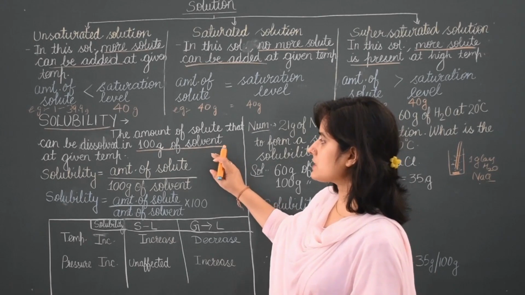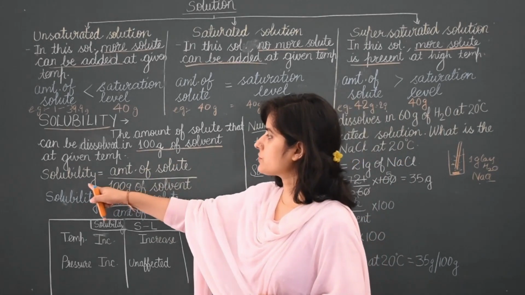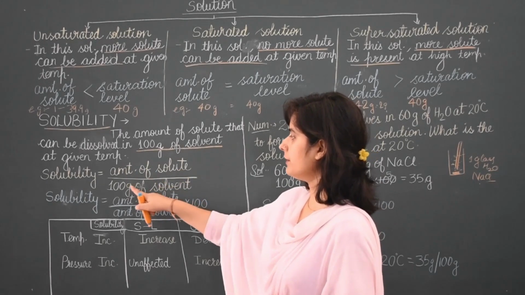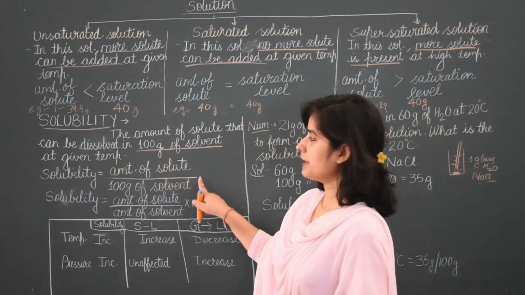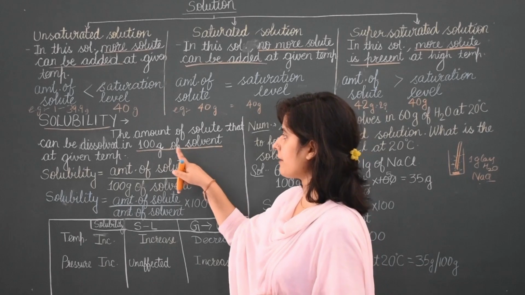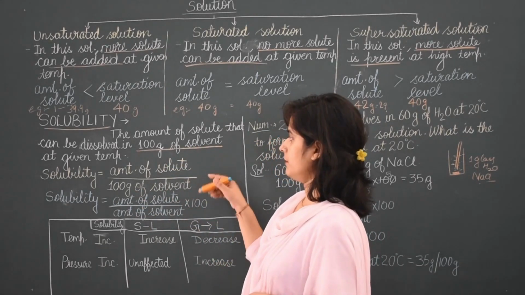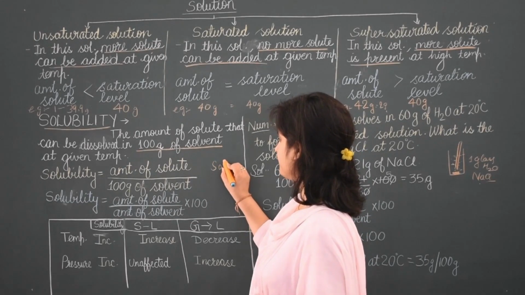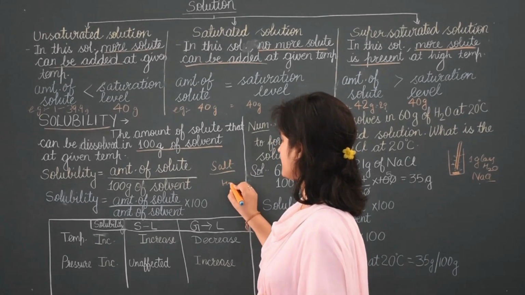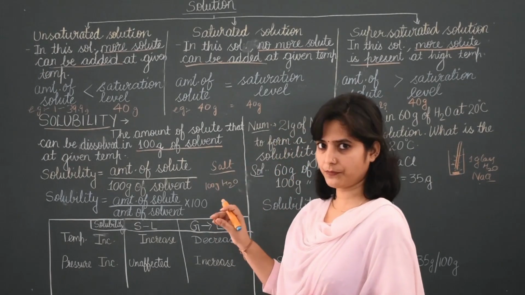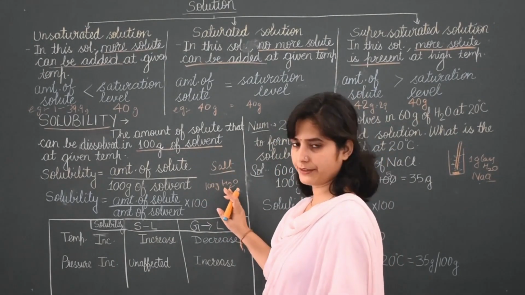To calculate this, we have a formula. Solubility is equal to amount of solute upon 100 gram of solvent. According to this definition, we have to take only 100 gram of solvent. That means if salt is here and water is here, then water should be 100 gram, or 100 ml.